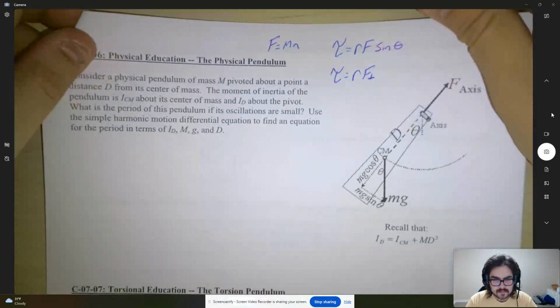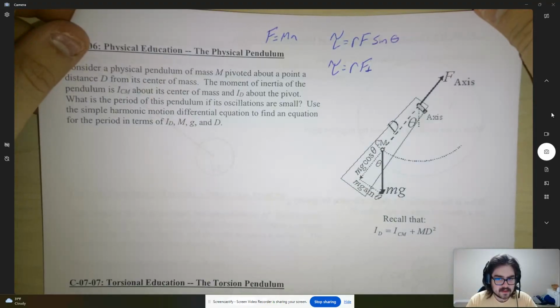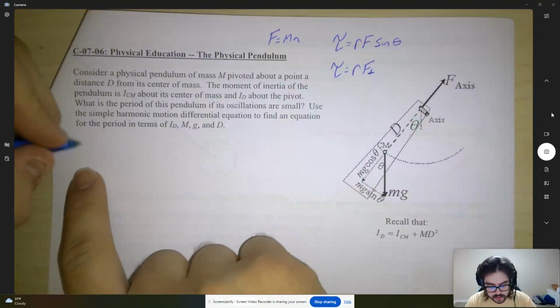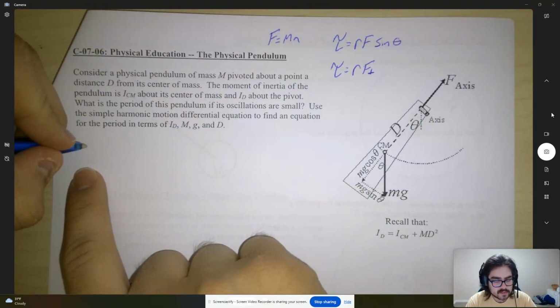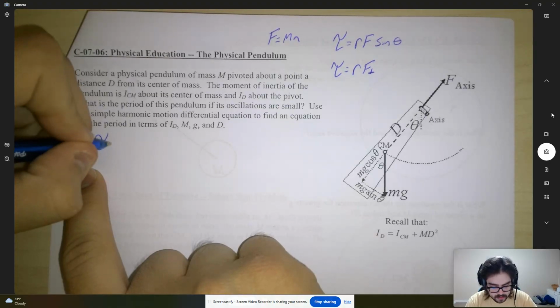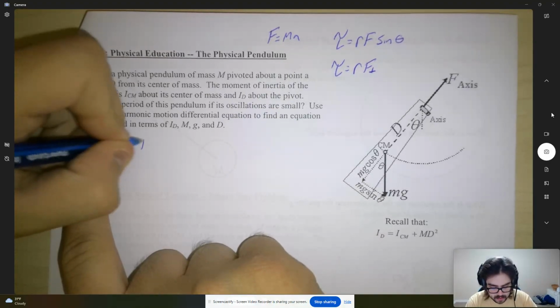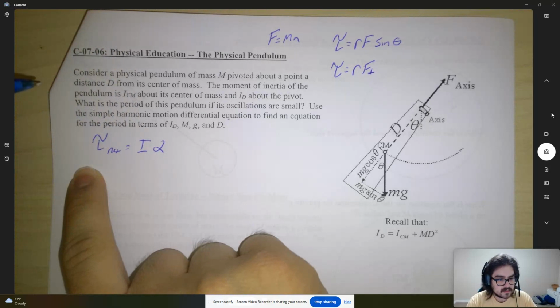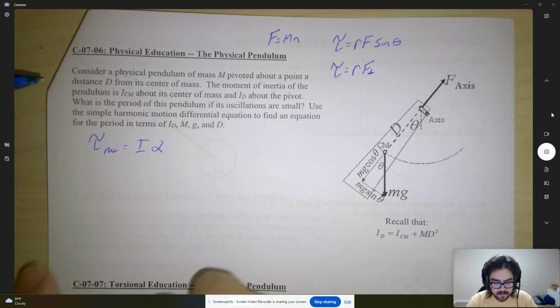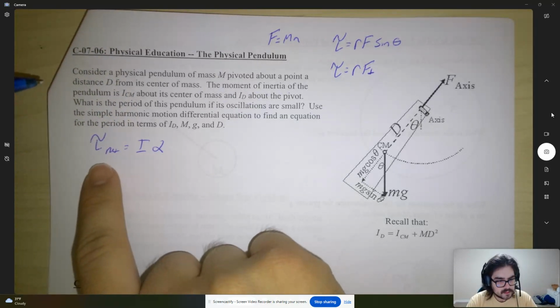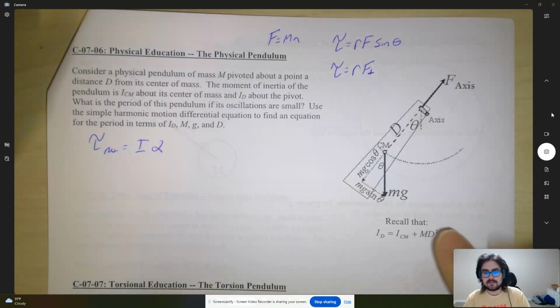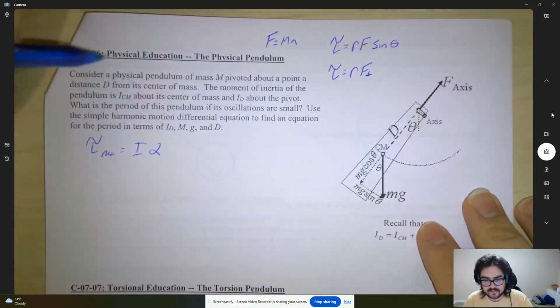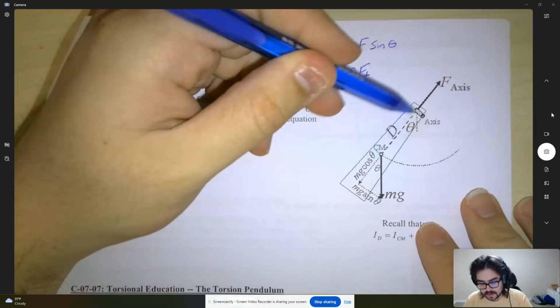So I'm going to start with my basic torque equation, which is torque net is equal to I alpha. The only thing that's actually applying a torque is mg sine theta. mg cosine theta does nothing for the torque, because it points directly away from the axis.